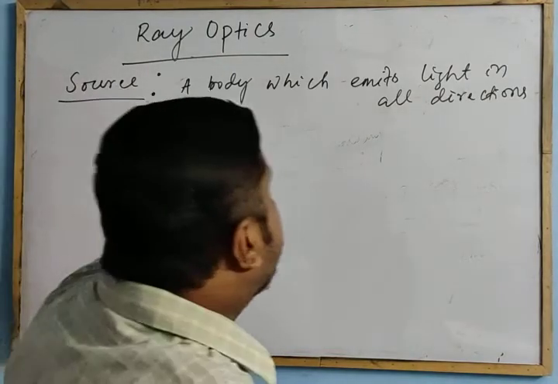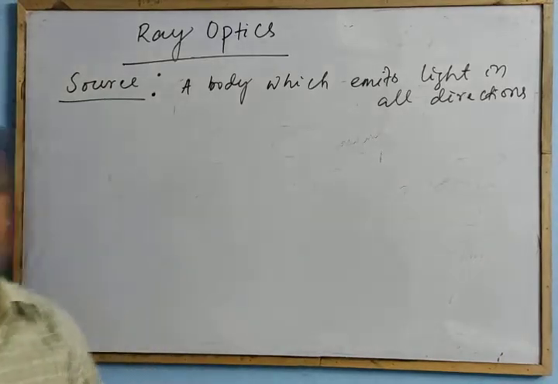So a body which emits light in all directions is called a source.